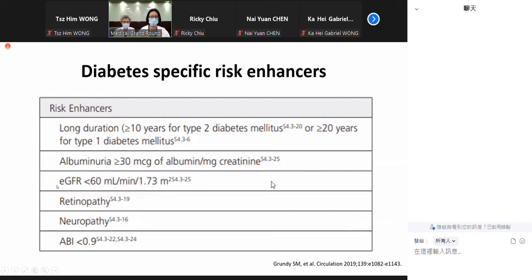And also people with lower eGFRs, less than 60, people who already have concomitant microvascular complications such as retinopathy, neuropathy, or who've got suggestions of PVD. Again, these are diabetic patients who will be at higher risk of cardiovascular complications.